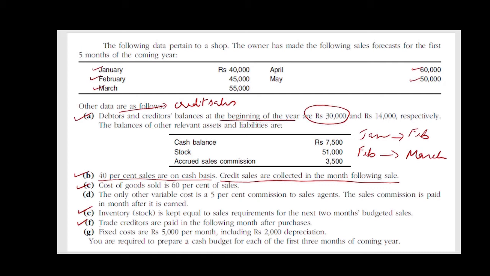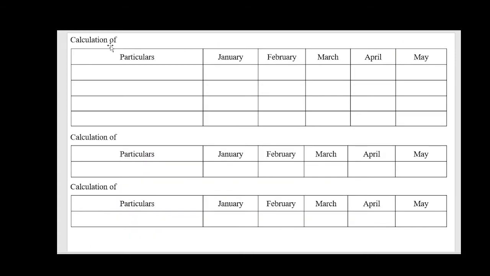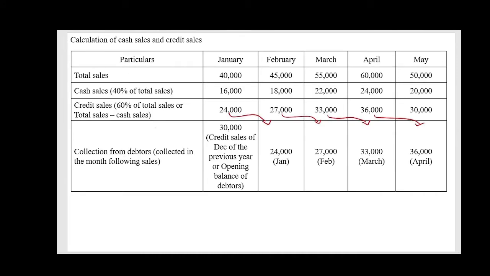But before that, let us first find out how much is the purchase. So calculation of purchases. Purchases can be calculated in this manner. So how to find out purchases?